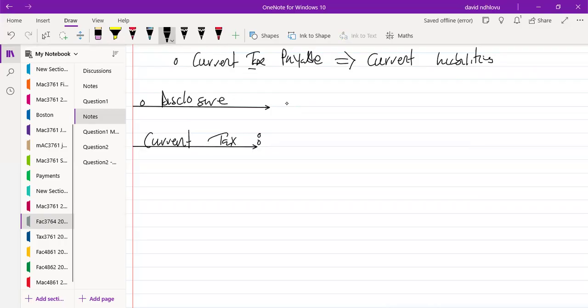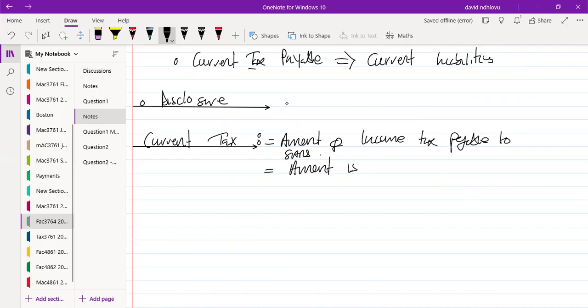Current tax is the amount of income tax payable to SARS. And then we said this amount is based on taxable income.